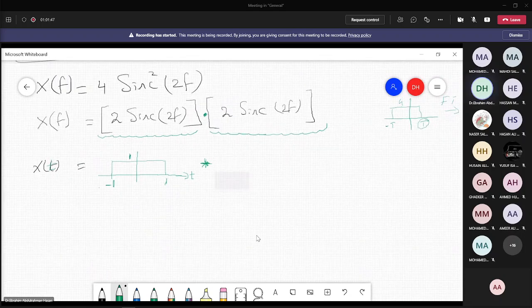Then this one will be exactly the same: t is minus 1, and here 1. One minute.